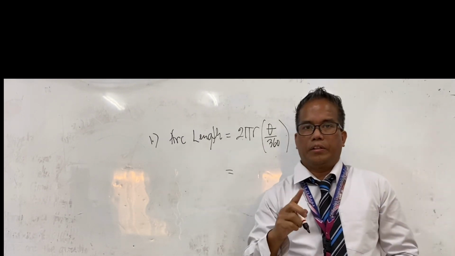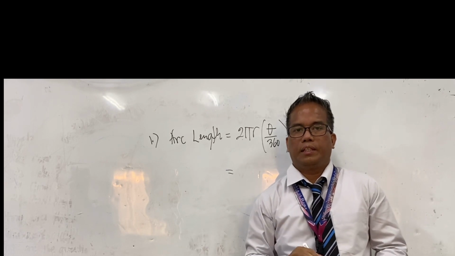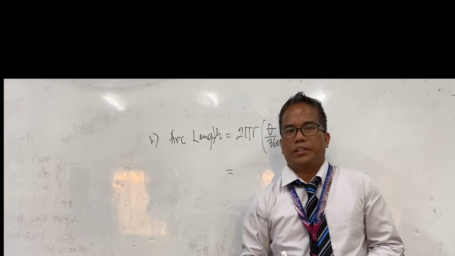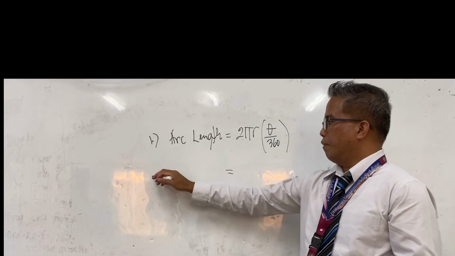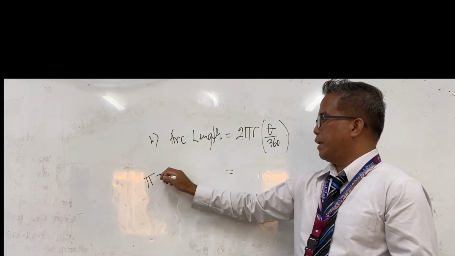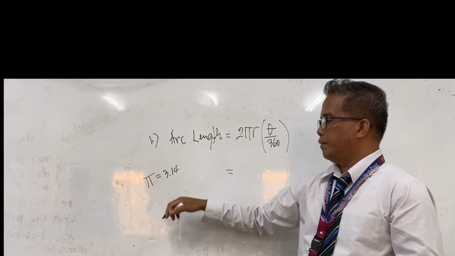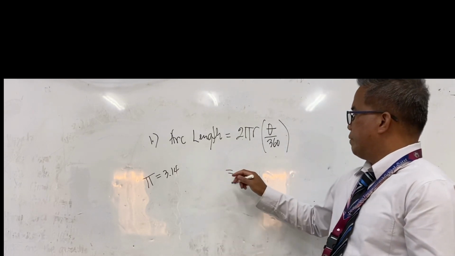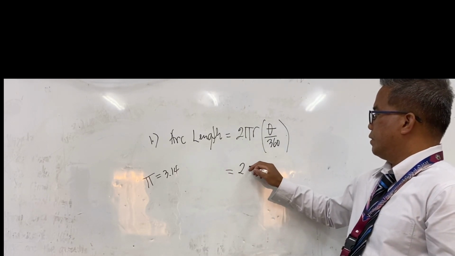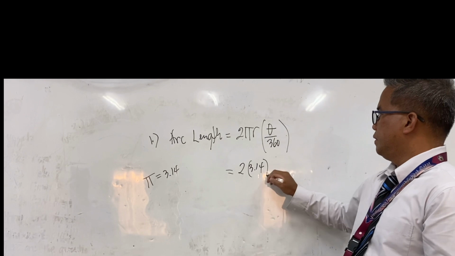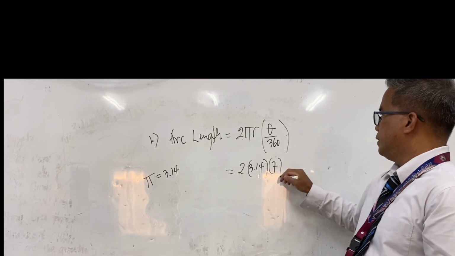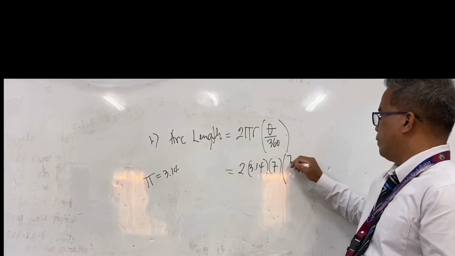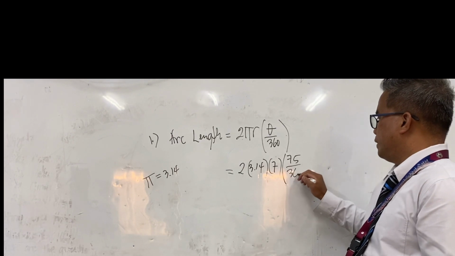The given radius is 7 and the central angle is 75 degrees. We will use pi equals 3.14. By substitution, 2 times 3.14 times 7, times 75 over 360.